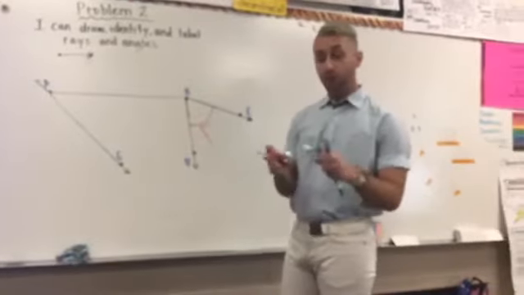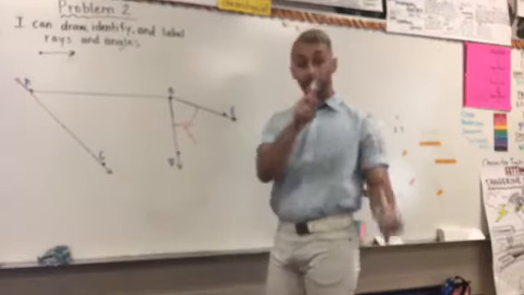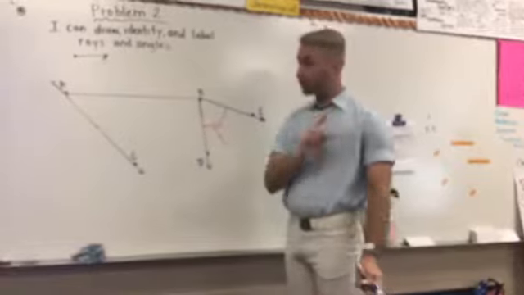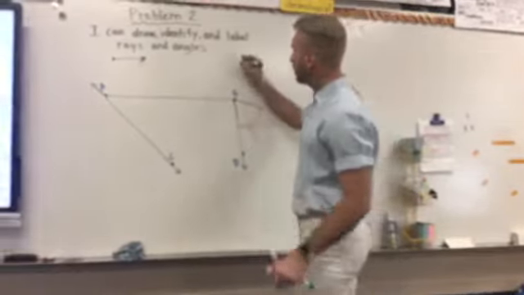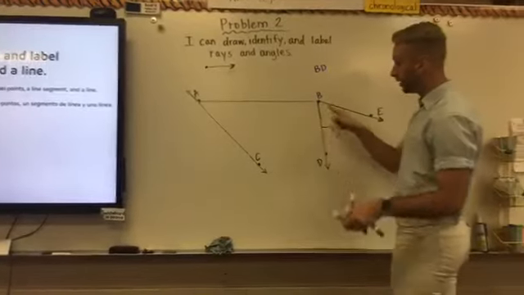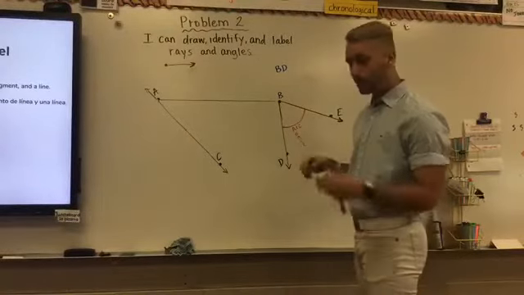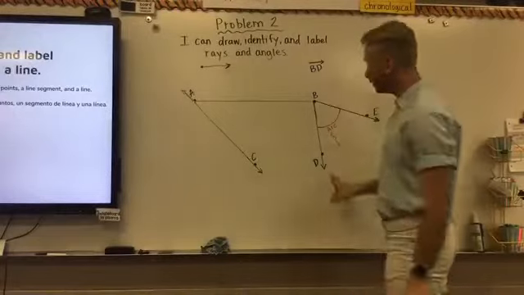With that being said, we now need to label our rays and our angles. The first ray that we drew was from B to D. So I'm going to write B, D, and then notice the line keeps going past D. So I'm going to draw my line above it with the arrow pointing past the D, just like right here.